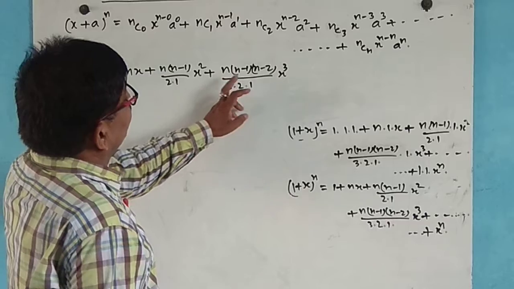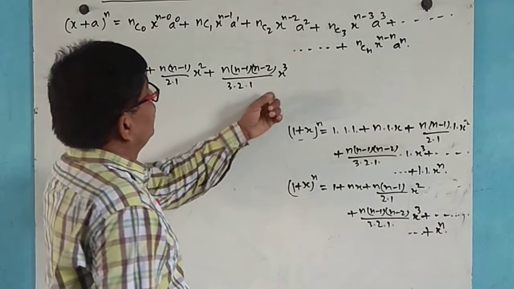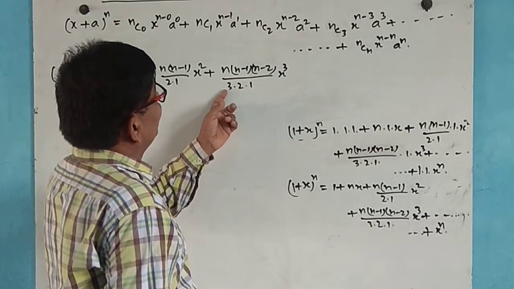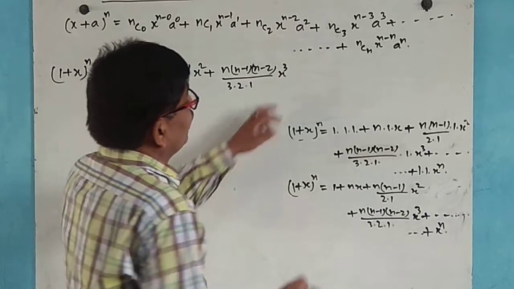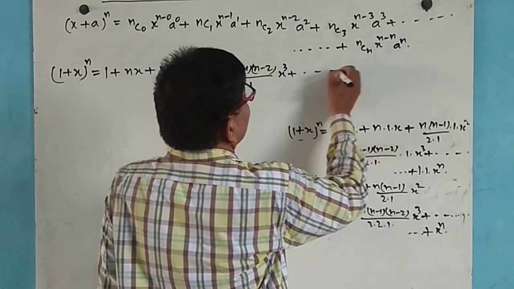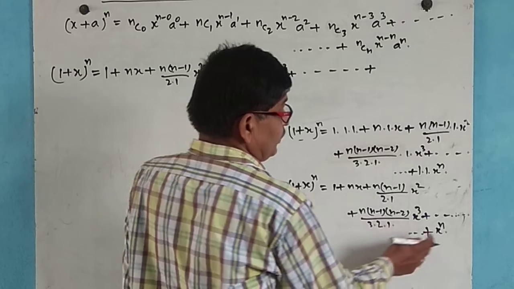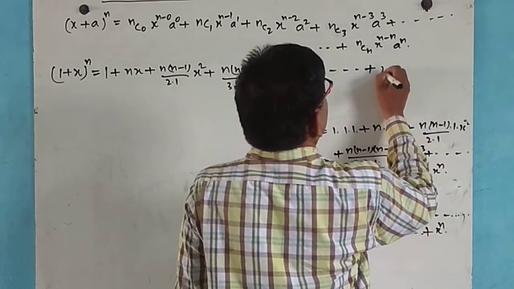After that n into n minus 1, n minus 2, n minus 3 divided by 4, 3, 2, 1 x power 4, so that at last this comes x to the power n.